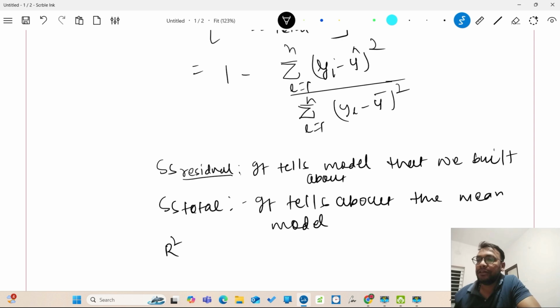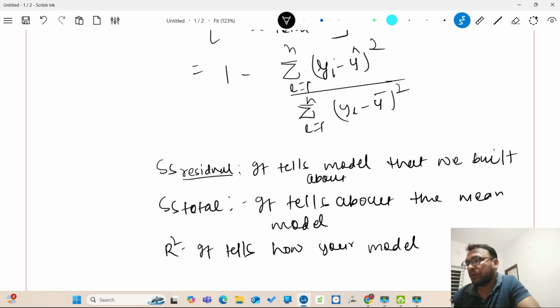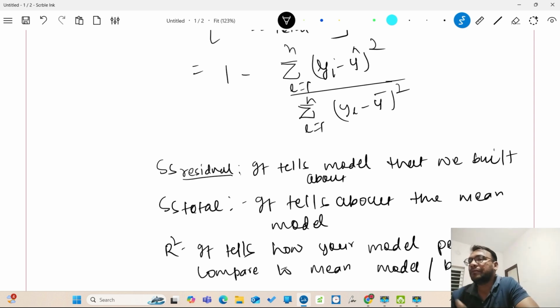If I write here, R square tells how your model performs compared to the mean model, or baseline model. Simple.